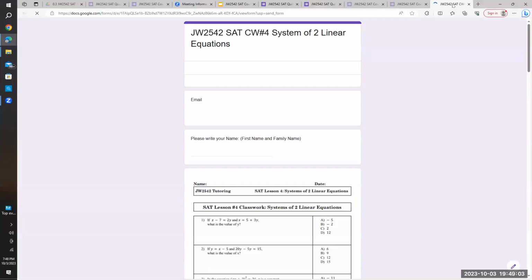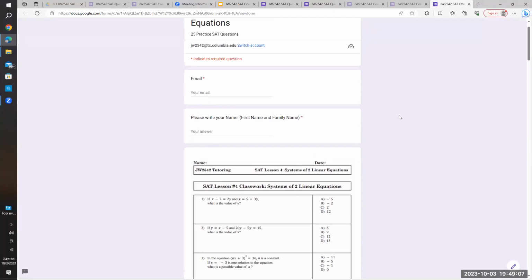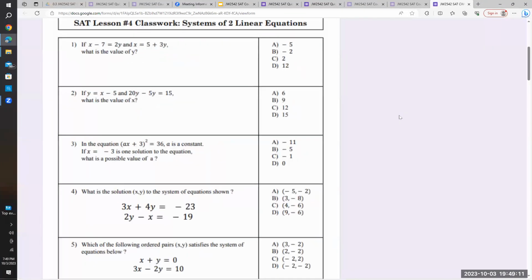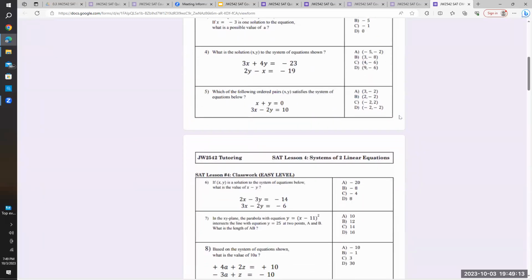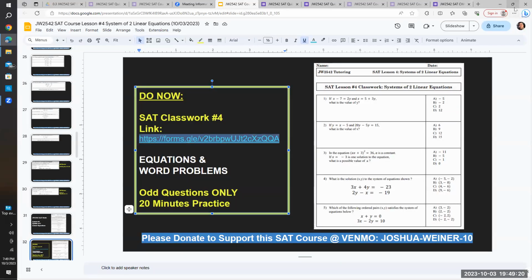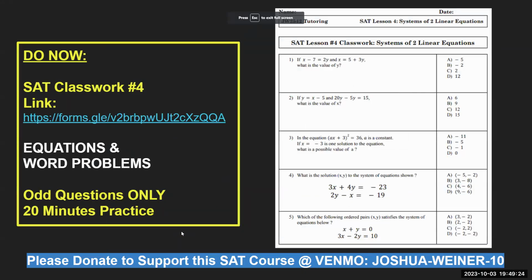And just as a free share tonight, you can enter your email address and name, and the data will be saved. But you're free to try as many of the problems as you like. Because we only have a 90-minute block to share this class, I recommend that you do the even problems only tonight.